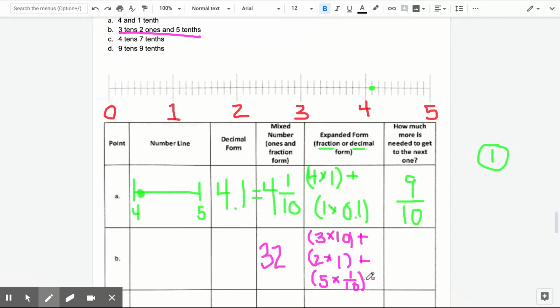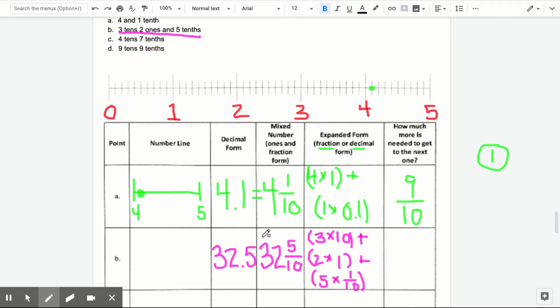And then we just found that our fraction would be 5 tenths, which would look like 5/10 for your fraction form. Okay, just like above, super simple to change this to decimal form. Our whole number does not change, and our decimal is 5 tenths. Decimal point, then you're 5.